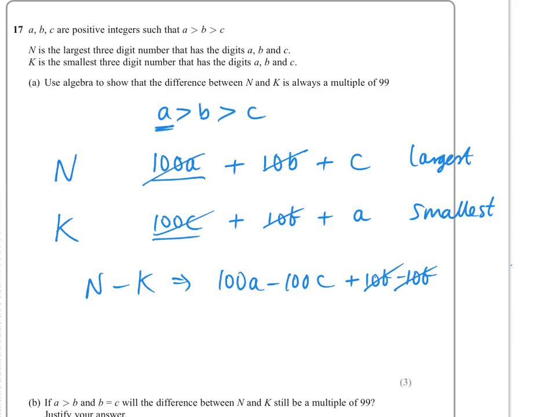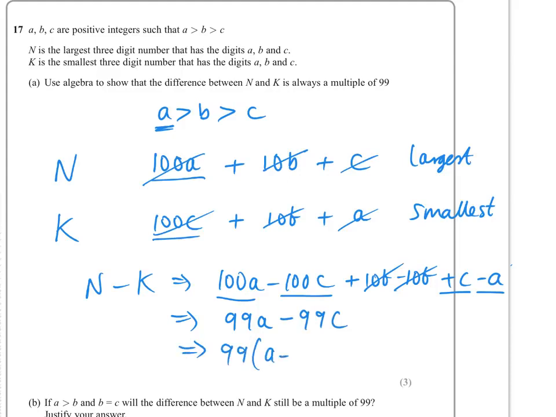And then C minus A. Well, that would give me 100A minus A, which is 99A, and then minus 100C plus C, don't forget, will be minus 99C, and I can factor out a 99. So no matter what A and C are, the difference between them, I'll always be timesing by 99, so it will always be a multiple of 99, so that's good.